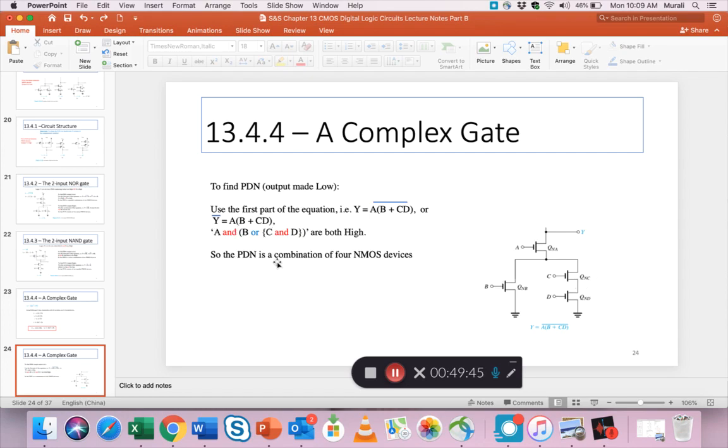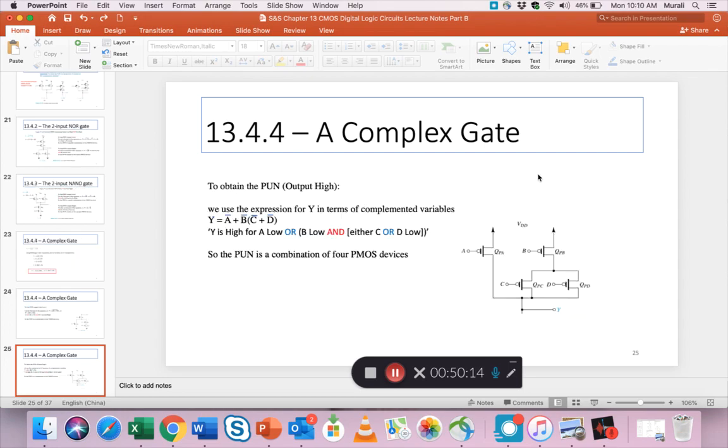Now to all this you have a A which is in series because it's an AND, so then you draw that. So this whole thing is implementing this complex function and you get a Y that is low when all these A, B, C, D are high. Okay, so that's how you implement this. So the PDN is a combination of 4 NMOS devices.